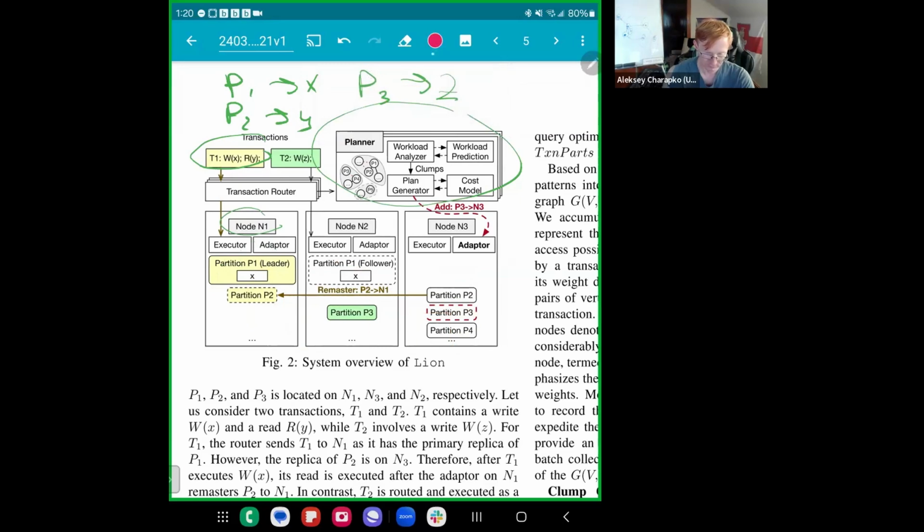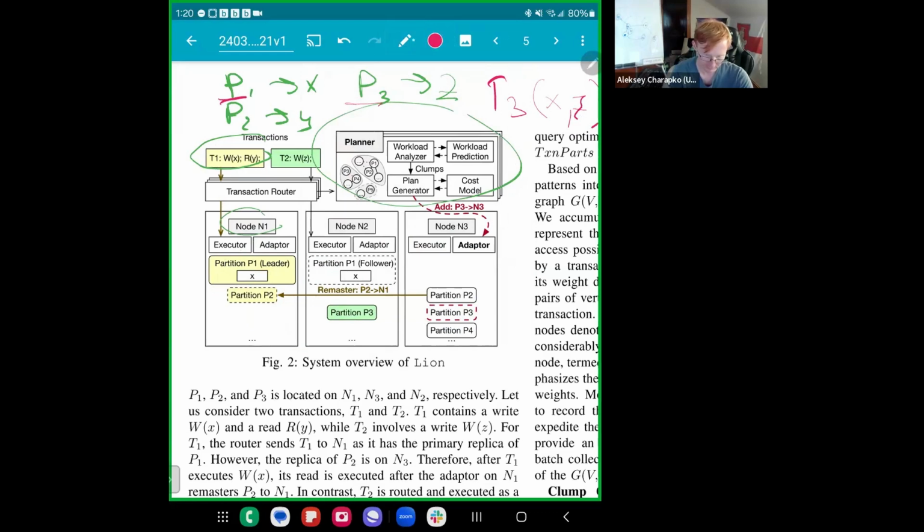Right. So if we have some transaction T3 that operates on X and Z, right? So it will be partitions 1 and 3. There is no node that has, okay, a bad example.